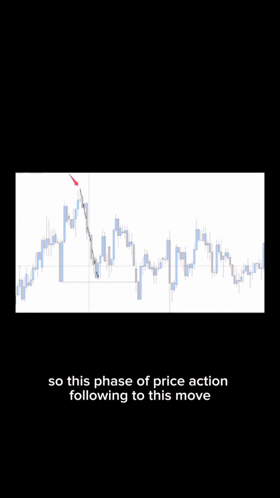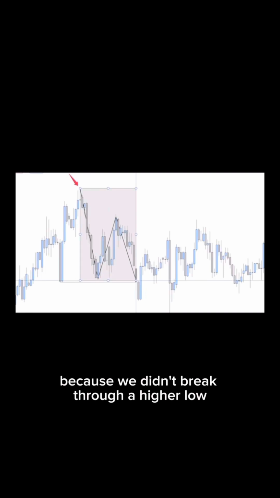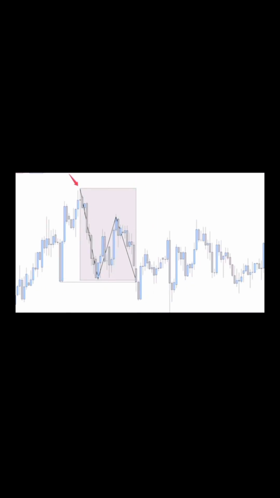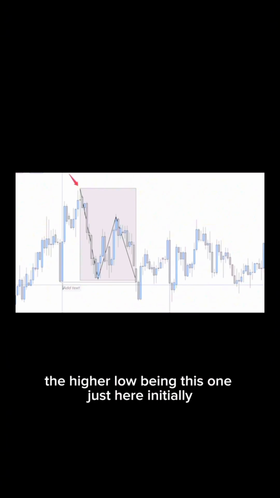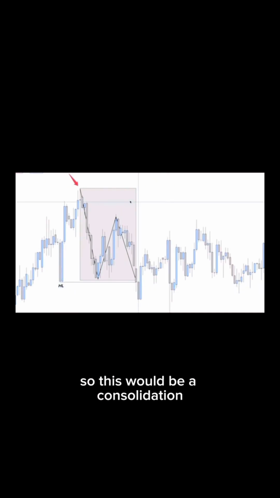So this phase of price action following this move and then down to here is actually just consolidation, okay? Because we didn't break through a higher low, the higher low being this one just here initially. We haven't yet validated or changed the trend at all. So this would be a consolidation.